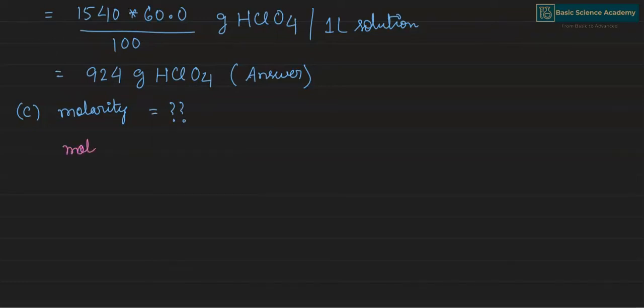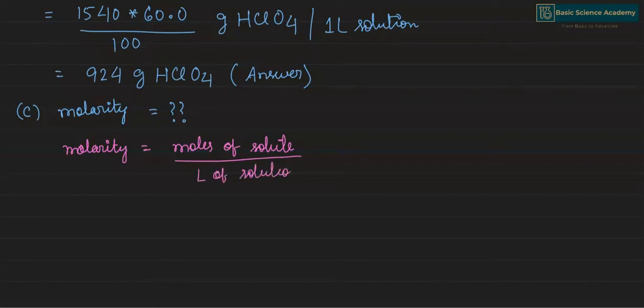Molarity is moles of solute per liter of solution. So we have already found in part B that 924 gram of the solute HClO4 is present per liter of solution.